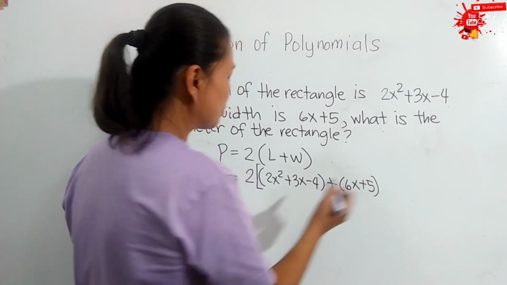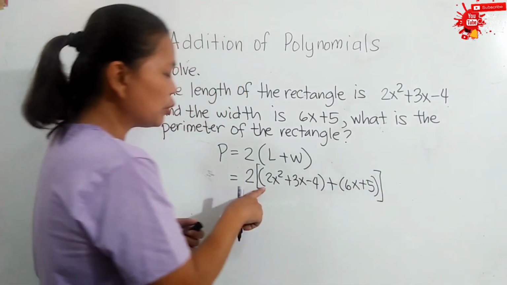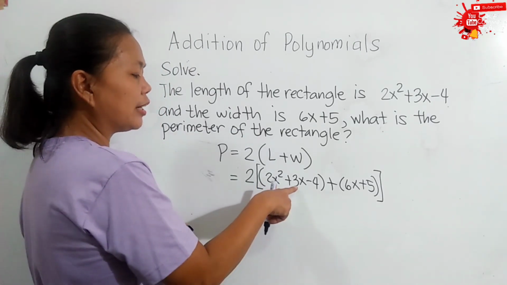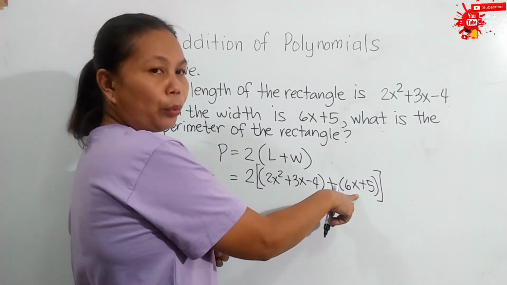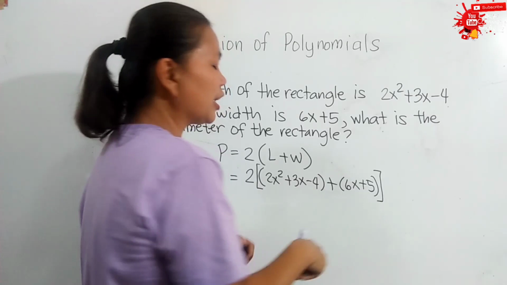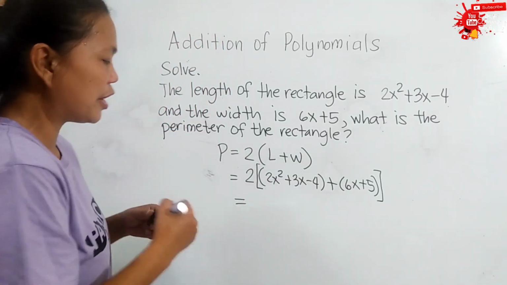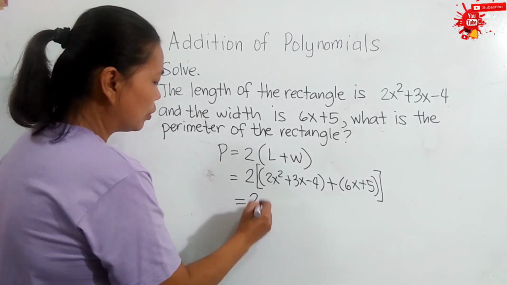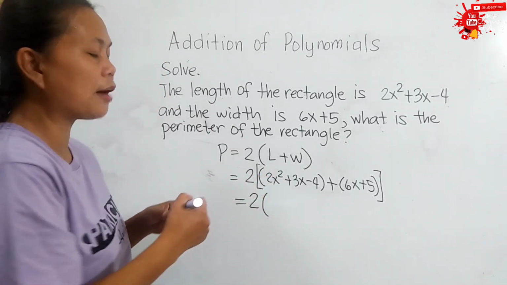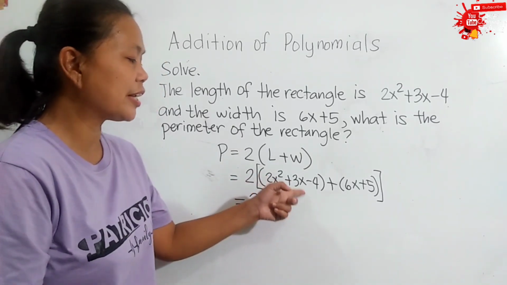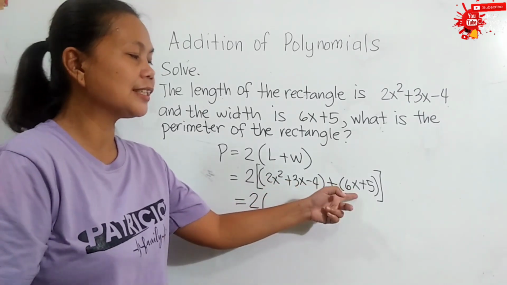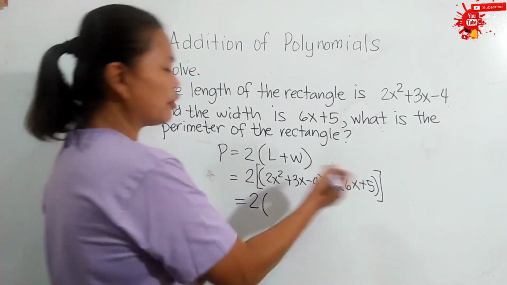I use the bracket symbol for multiplication because I use the parentheses to separate the length and the width. So we have here 2 times the sum of 2x squared plus 3x minus 4 and 6x plus 5. So let us solve here.